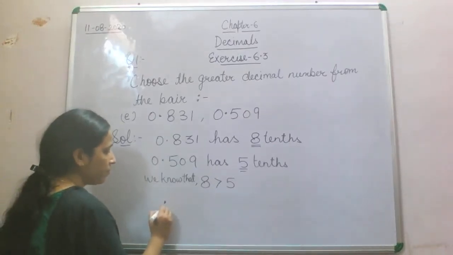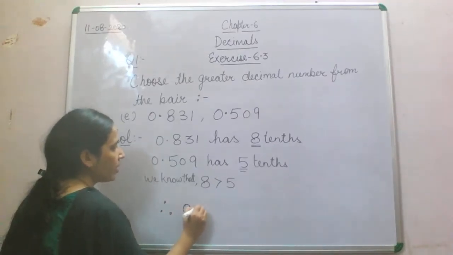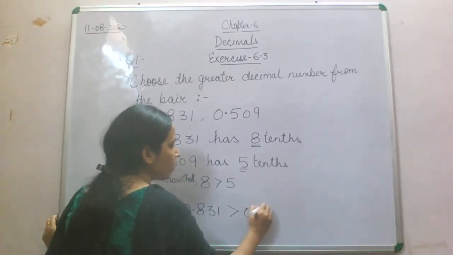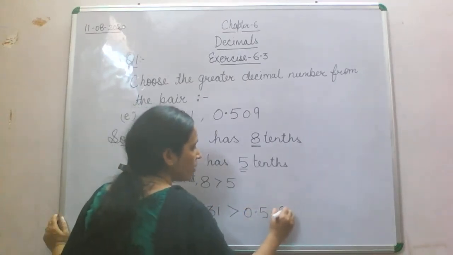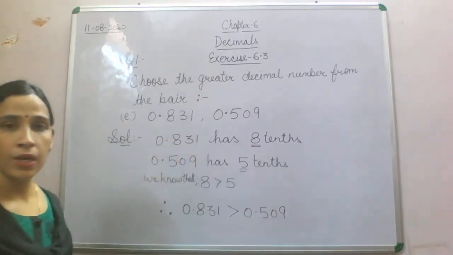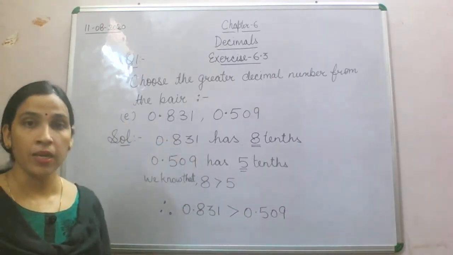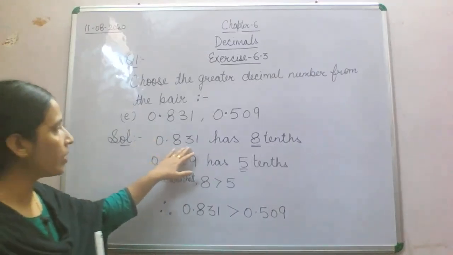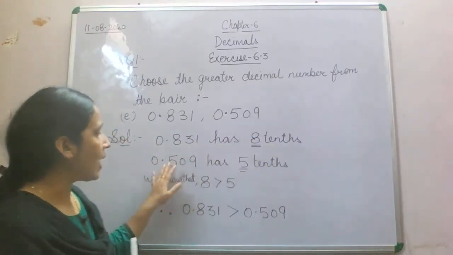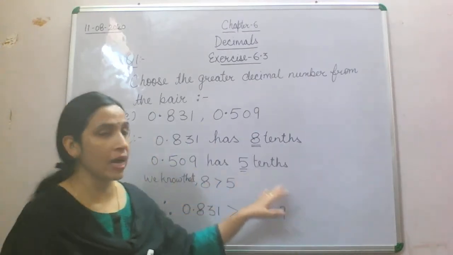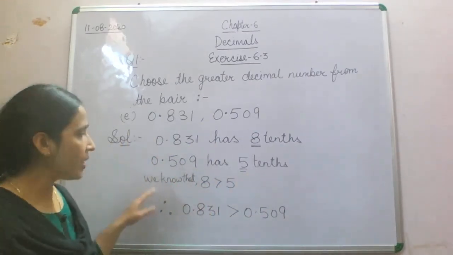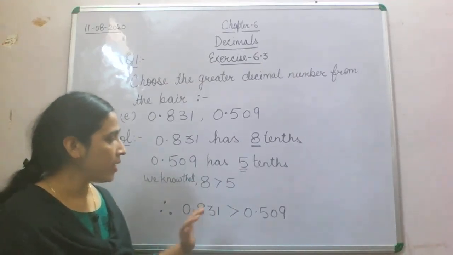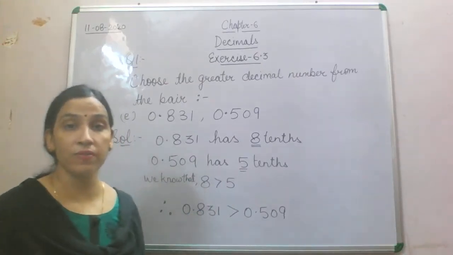Therefore 0.831 is bigger than 0.509. Quite a simple question. Only the first decimal place you are going to compare. 0.831 has 8 tenths and 0.509 has 5 tenths. So let's compare. 8 is greater than 5, it means 0.831 is greater than 0.509.